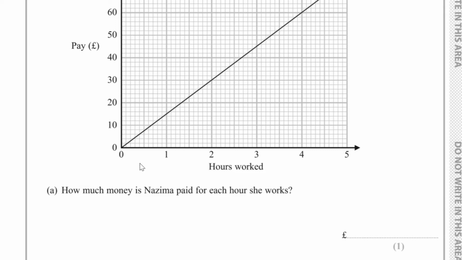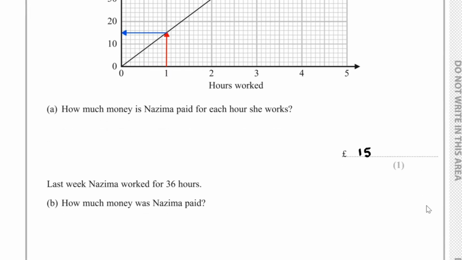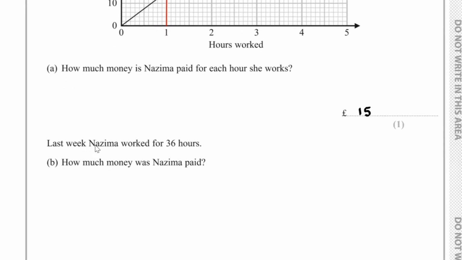And so if we work out the rate, we can see in 1 hour we have £15. So our rate then is £15 per hour.